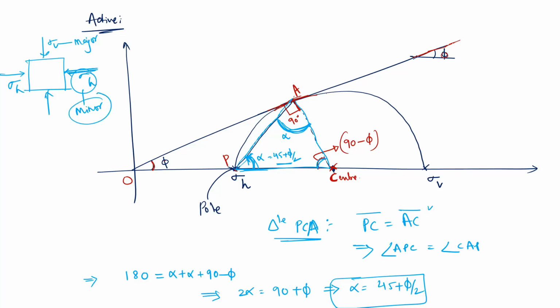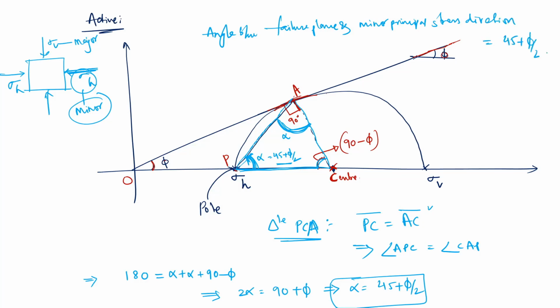So, what is the direction of the minor principal stress? That is the horizontal direction. With the horizontal, the failure plane is making alpha equal to 45 plus phi by 2. That means the angle between the failure plane and the minor principal stress direction, that is horizontal, is 45 plus phi by 2.